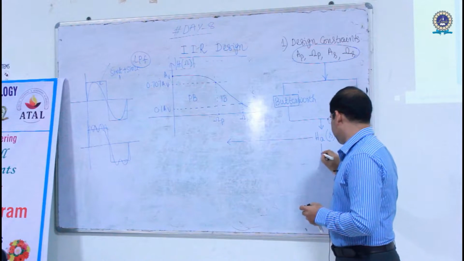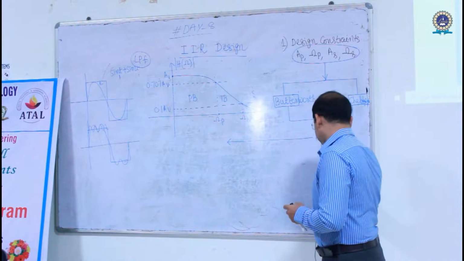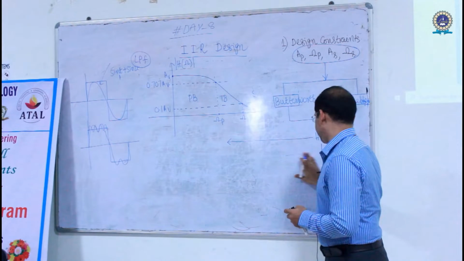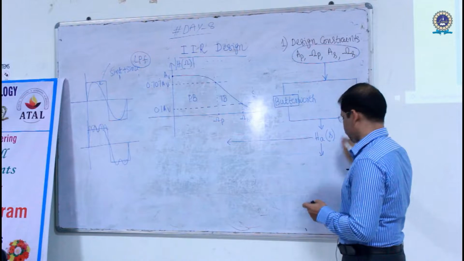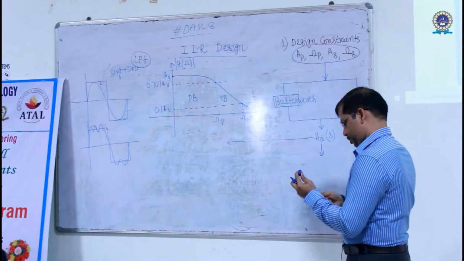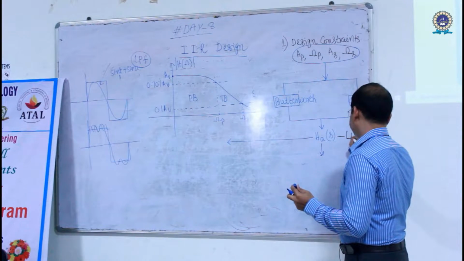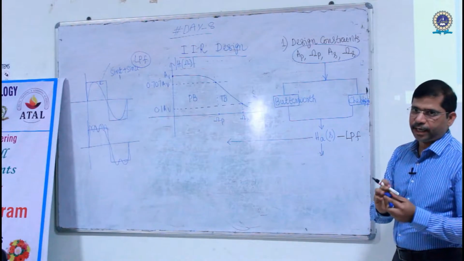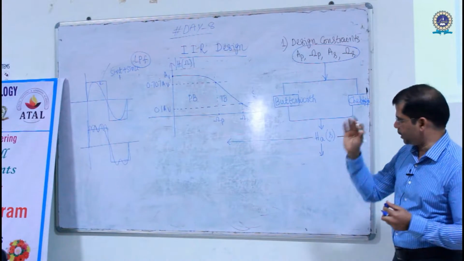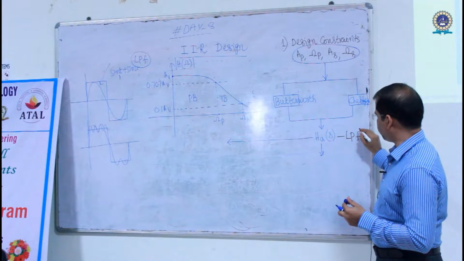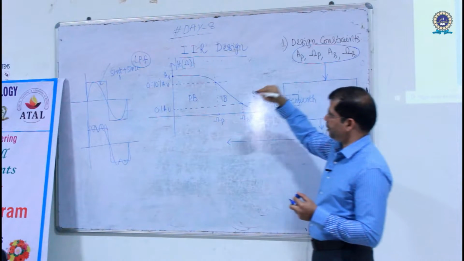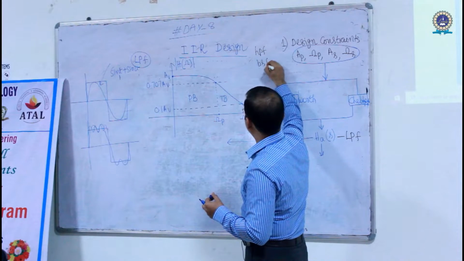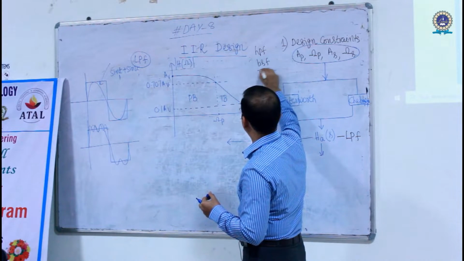Now once you have this HA of S, here again you have two techniques. Actually this is HA of S for the LPF. But let us say the task is to design an HPF, or BSF or BPF, any one of them.